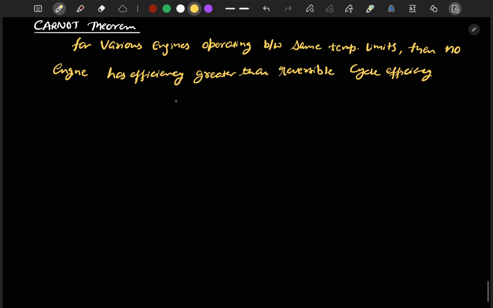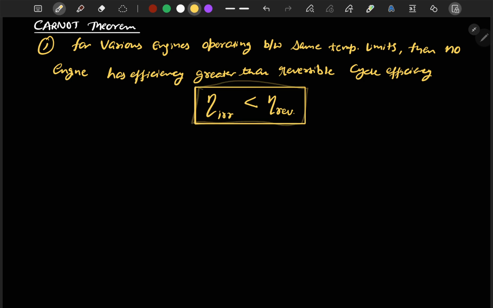So the first point is that eta irreversible is always less than eta reversible, applicable for the same temperature limits.